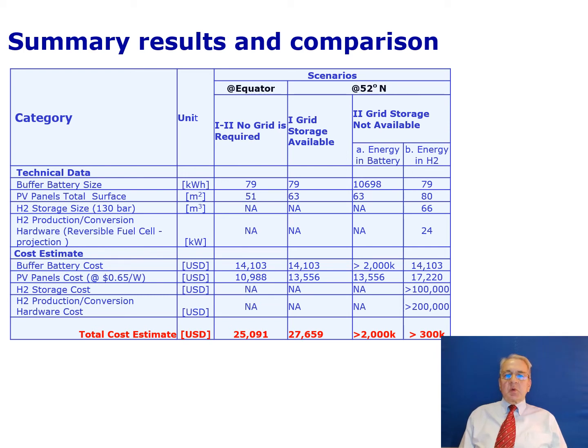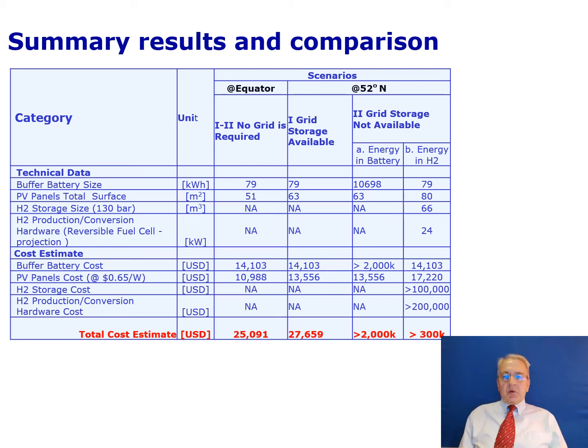At the 52-degree latitude north scenario, for the one option, when grid storage is available, the grid energy is stored in the battery bank. We'll use similar battery to the equator location, however larger panels of total area about 63 meters squared. The cost is slightly higher, about $27,000 to $28,000.